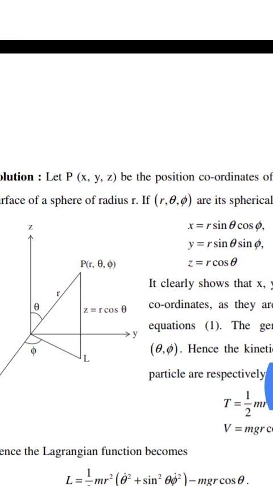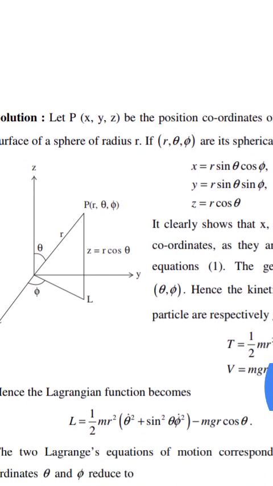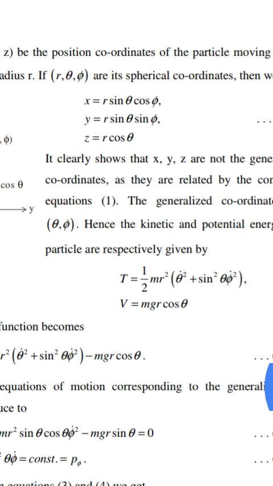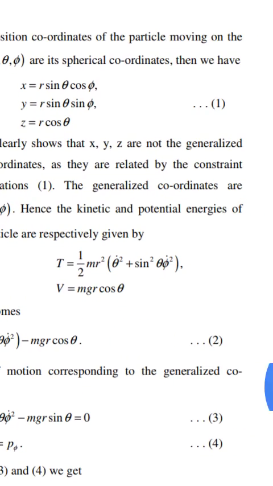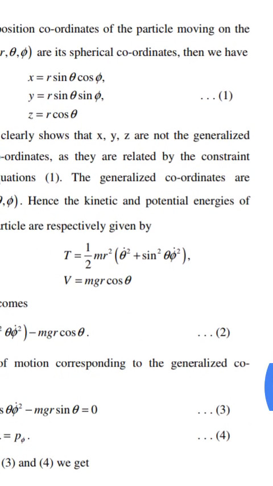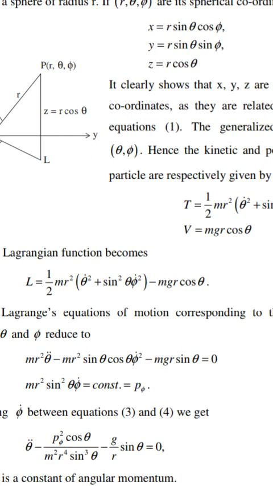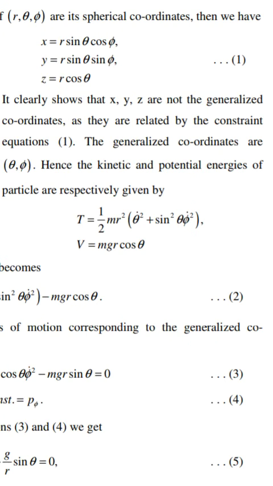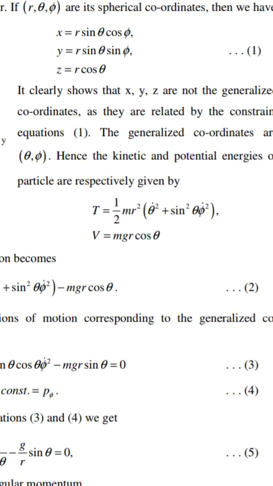Then x is equal to r sin θ cos φ, y is equal to r sin θ sin φ, z is equal to r cos θ. Clearly, x, y, z are not the generalized coordinates because they are not independent. Here theta and phi are the generalized coordinates.